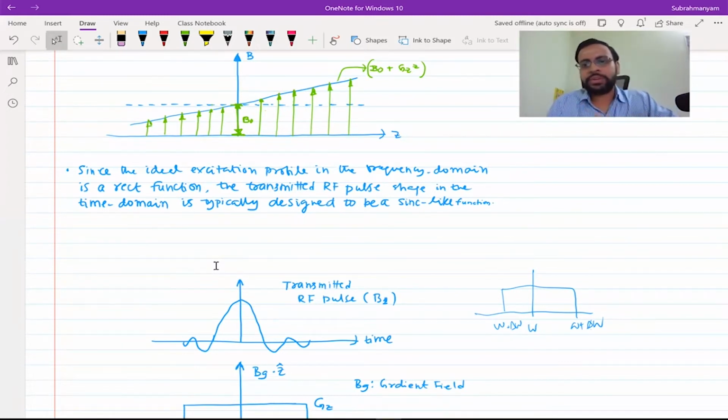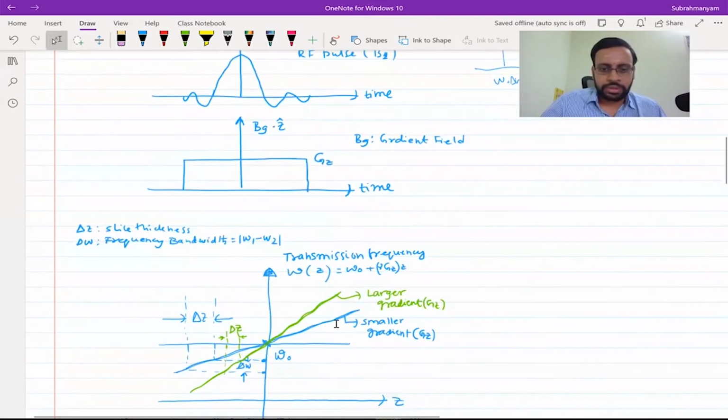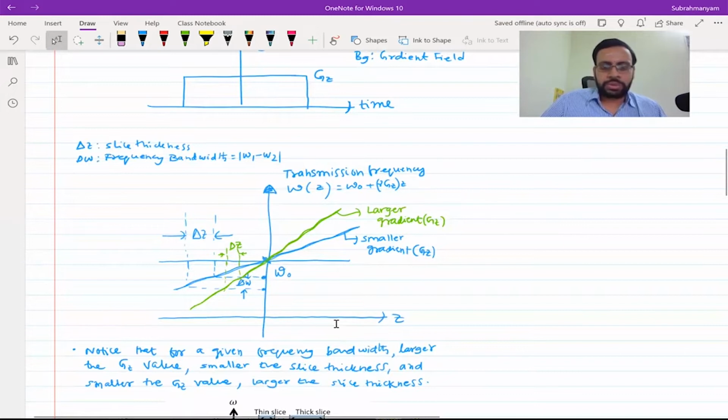You want something like a low pass filter, because from omega plus or minus delta omega is what you want. That rect function, we will come back to it very shortly. You transmit this pulse, making it tip, and then take the measurements.